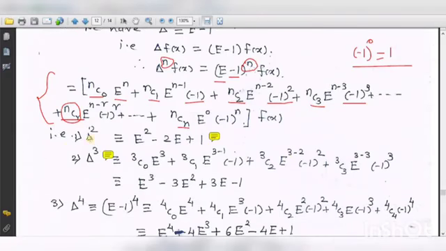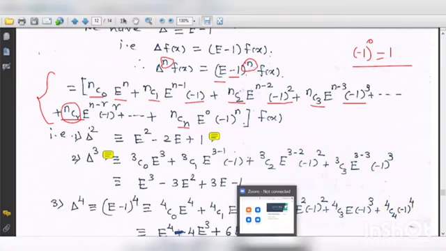Delta square is equal to what? E minus 1 whole square. It is like (a minus b) whole square, which we know is a square minus 2ab plus b square. Whenever we consider the second term, always remember the formula for a plus b.